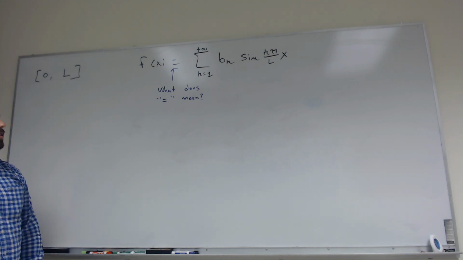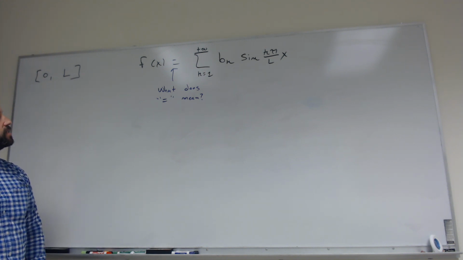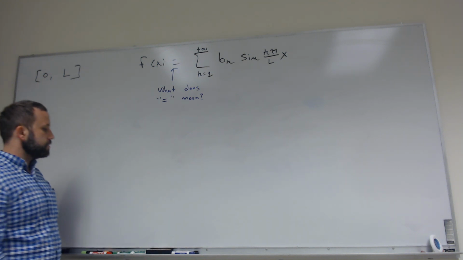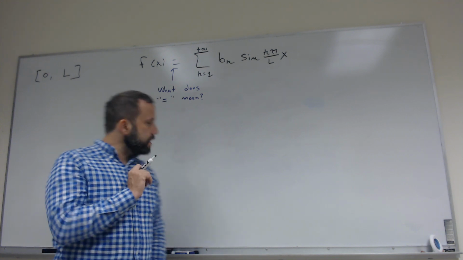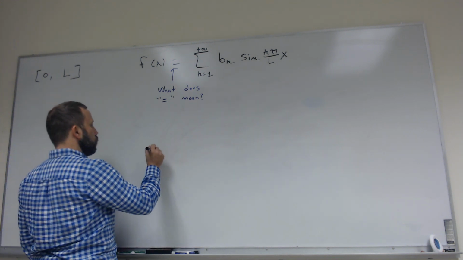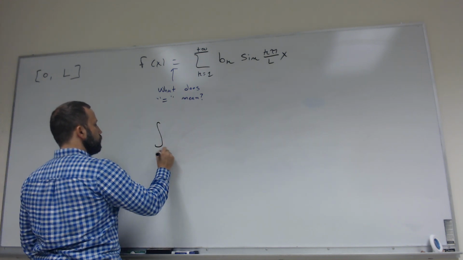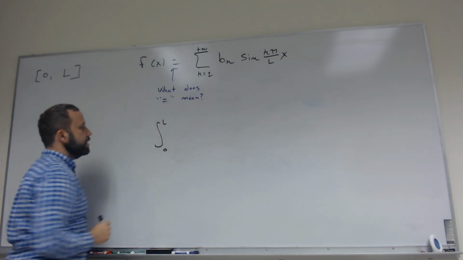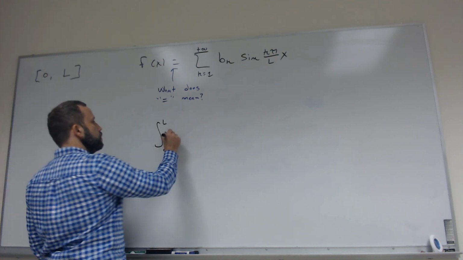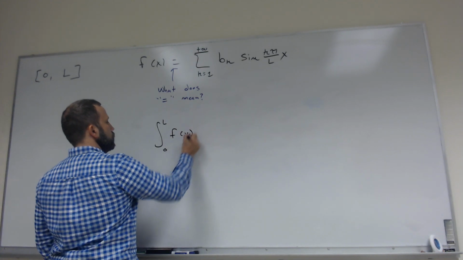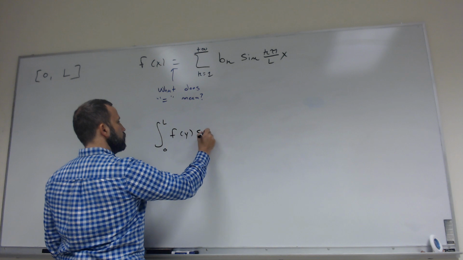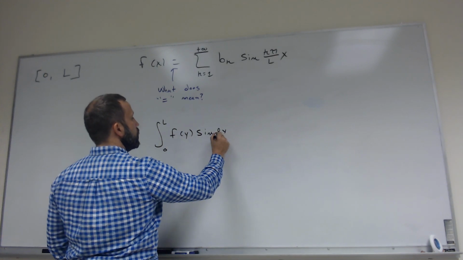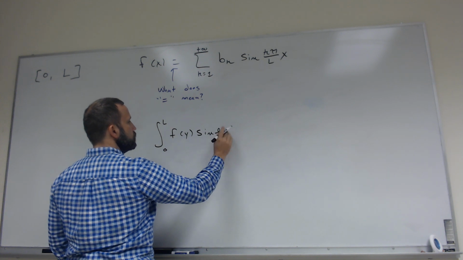Okay, but if we think back to what's going on, do we really need this equality to hold for every value of x? And the answer really is no. What we need to hold is, for all values of k, remember we were integrating, so we were doing something like the integral from 0 to L of f of y sine of (k pi y over L).